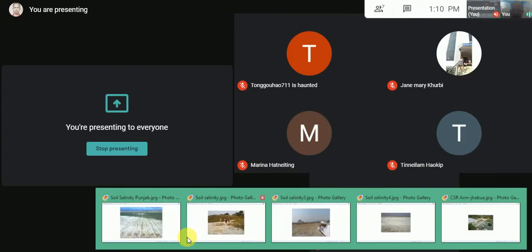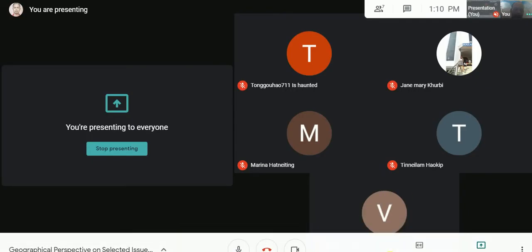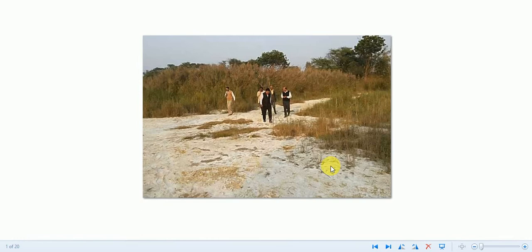And here this is another photograph showing soil salinization in Punjab, in an agricultural field. See, this area is affected. And this is another photograph showing soil salinity, salinization of soil.